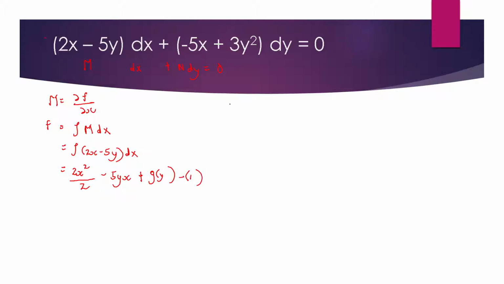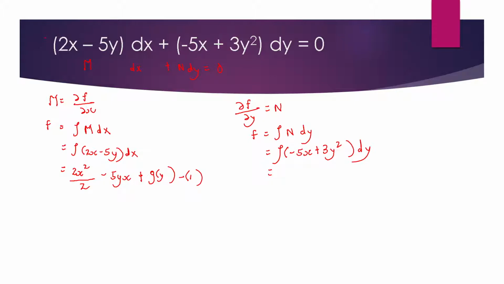Now del f del y is equal to N. Hence, to obtain f, you integrate N dy, which is negative 5x plus 3y squared dy. When you integrate with respect to y, x is constant.